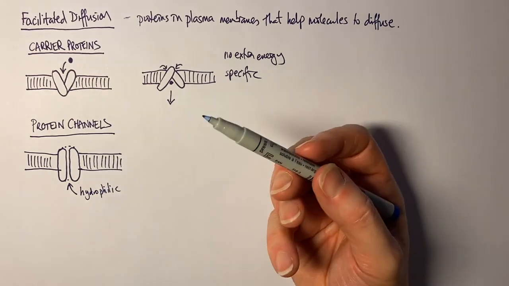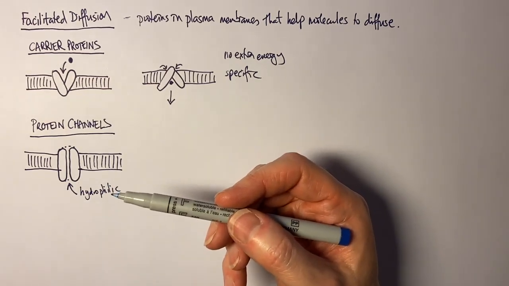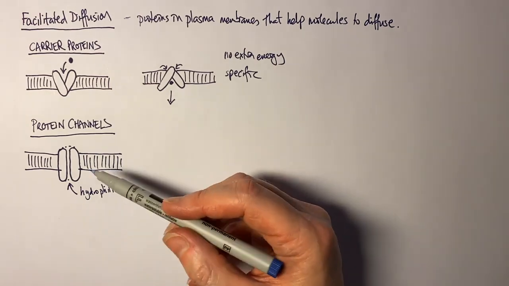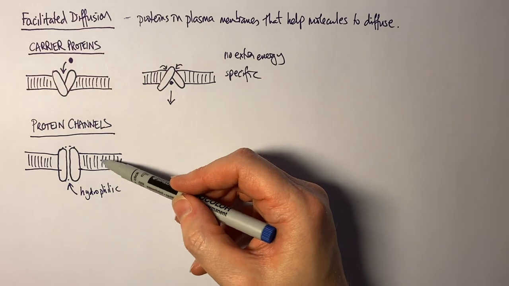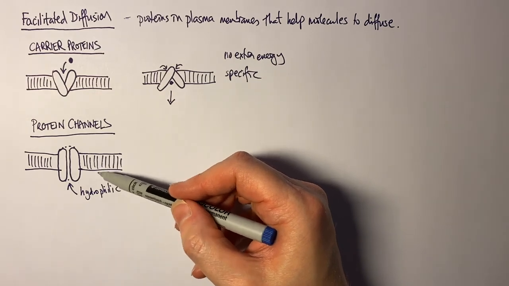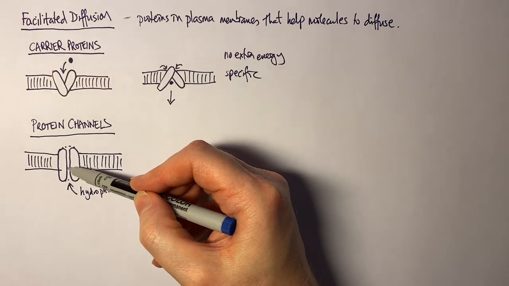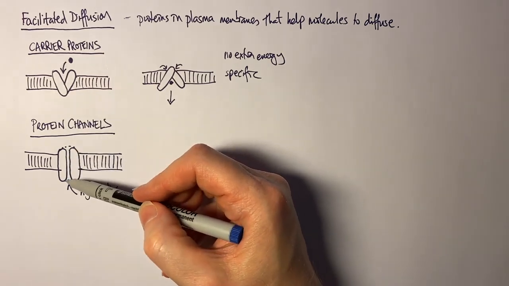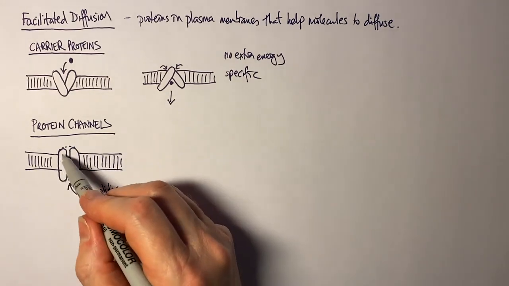And in a solution, the majority of solutes in cells are going to be hydrophilic because they can dissolve in water. So these substances are not going to find it easy to diffuse across the membrane. However, here is a little channel which is hydrophilic. And that channel is hydrophilic because, if you remember, proteins are made of amino acids.